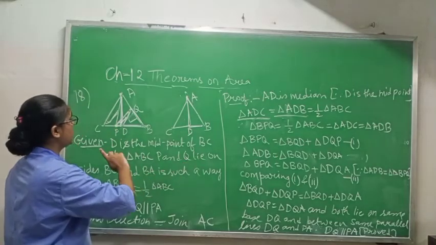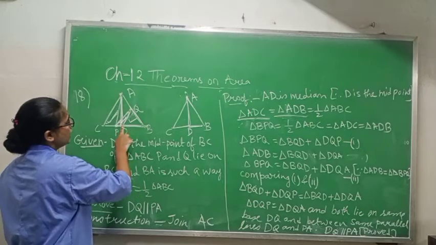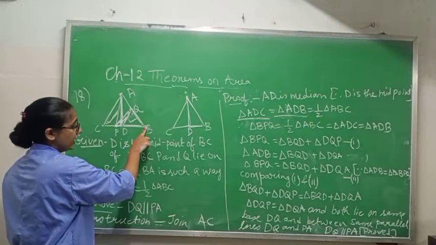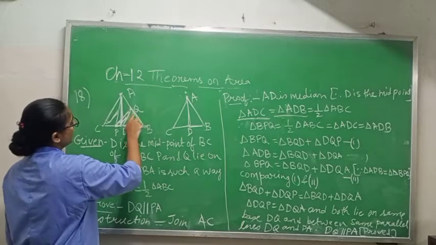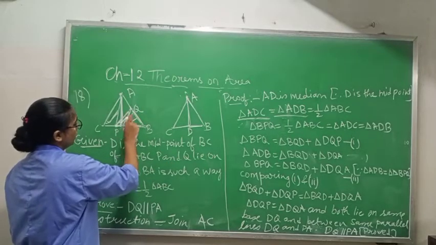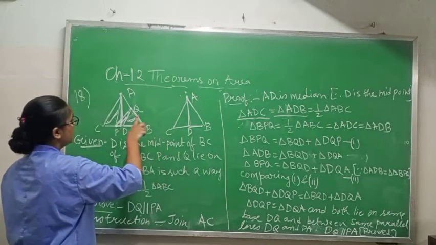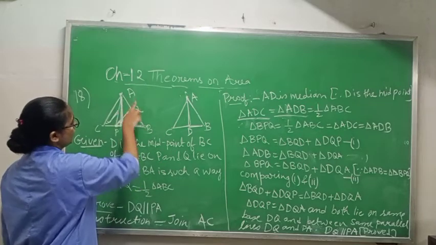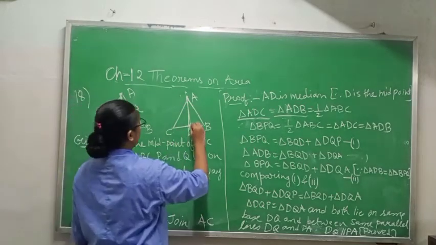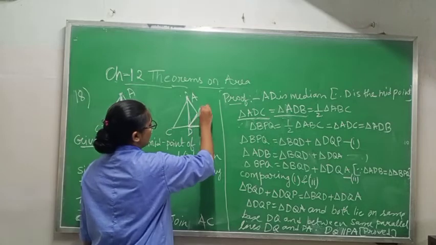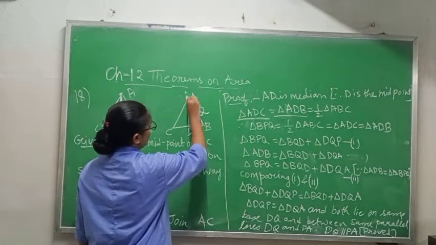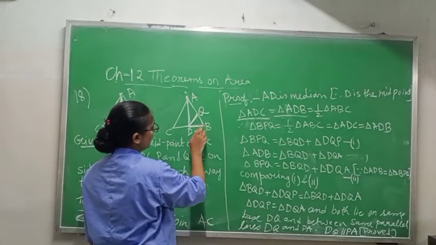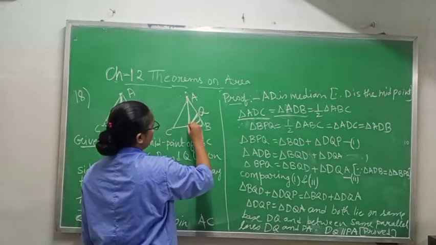Now triangle ADB is also made up of two triangles, BQD plus DQA. If I look at this triangle and this one, and this one is Q, ADB is made up of two triangles BQD and DQA.